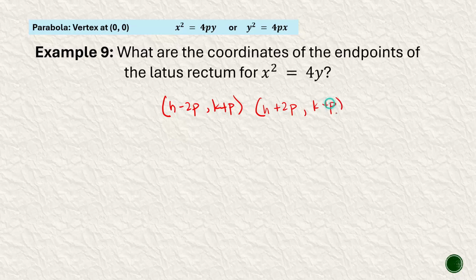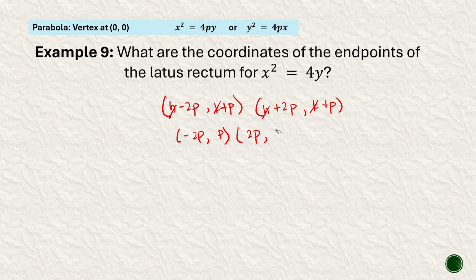Since the vertex is at the origin, meaning our h and k are both 0, that will reduce the formula to negative 2p, comma, p, and then on the other hand, we have 2p, comma, p.